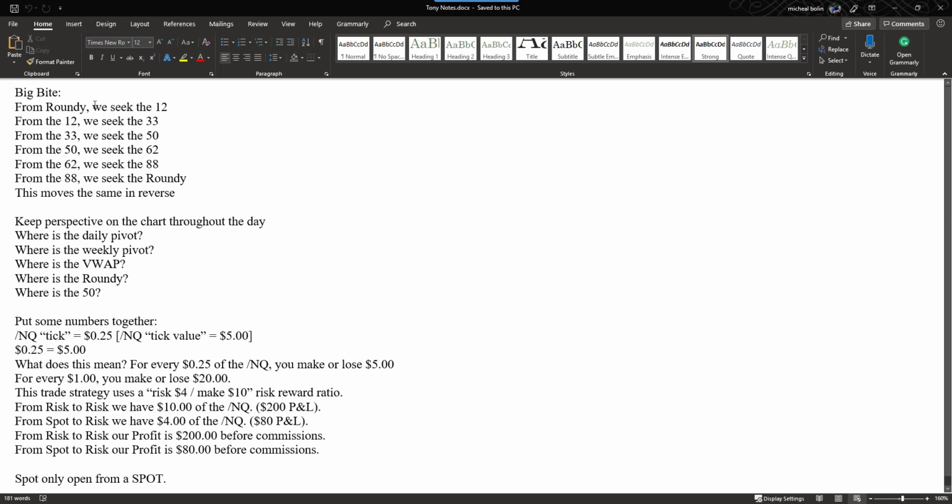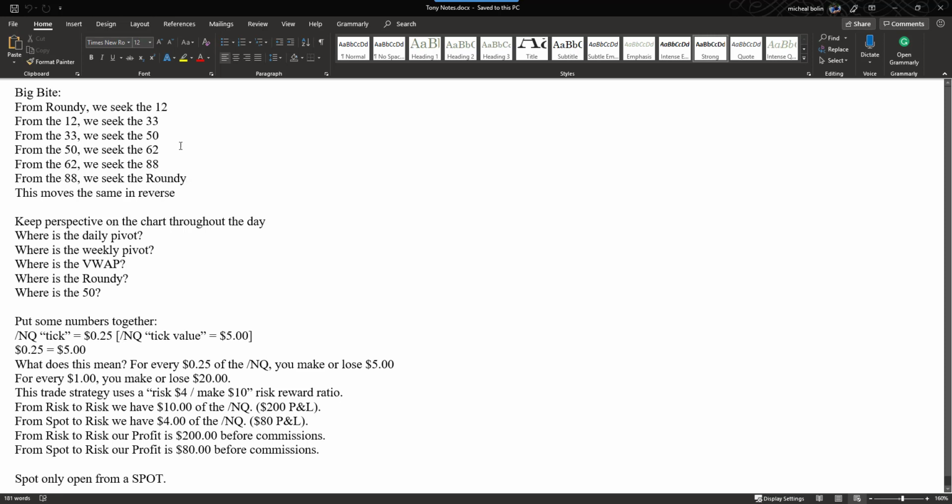Because we have the roundies on here where I was talking earlier. From the roundy, we seek the 12. From 12, we seek the 33, 33 to 50, 50 to 62, 62 to 88, and 88 back to the roundy. And that works in reverse as well.